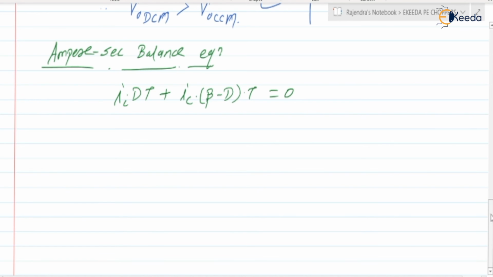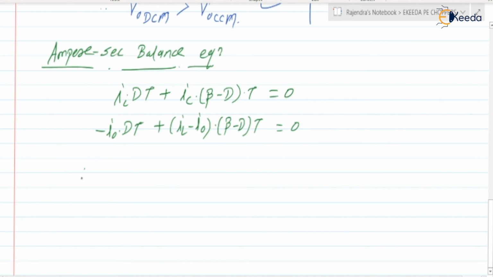What is the IC during on time? It is minus I0. So it is minus I0 into dT plus, what is the IC during beta T to dT? It is equal to IL minus I0, into beta minus d into T, is equal to 0.